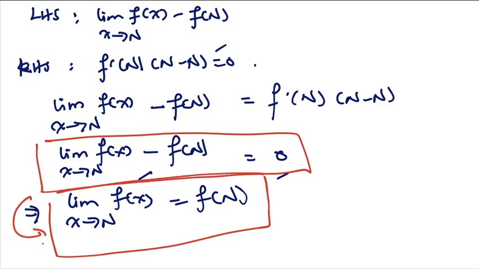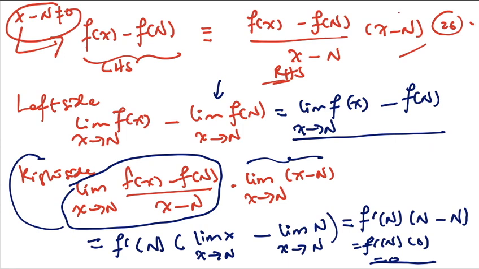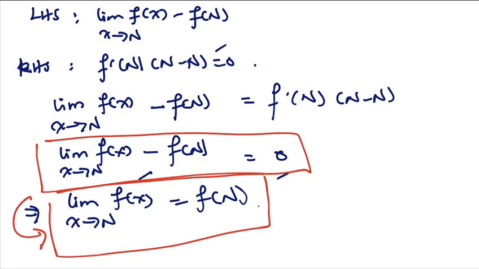From 24b here, I use the differentiability condition. I come up with 26. From 26, I take the limit of the left hand side and also right hand side as x approaches n until I reach this.